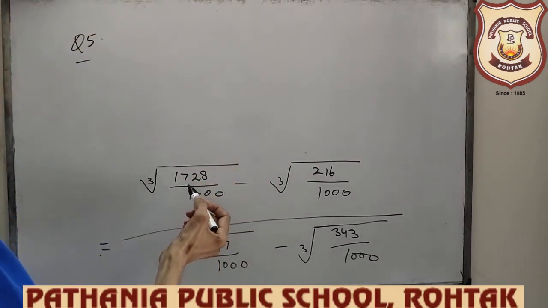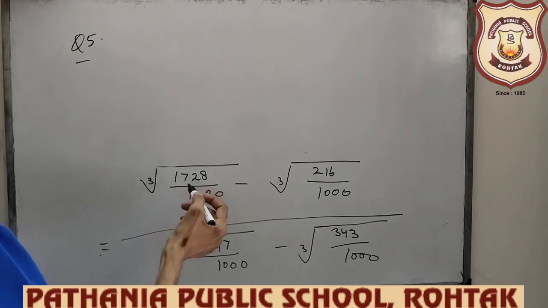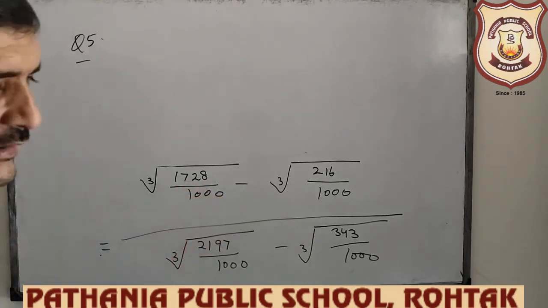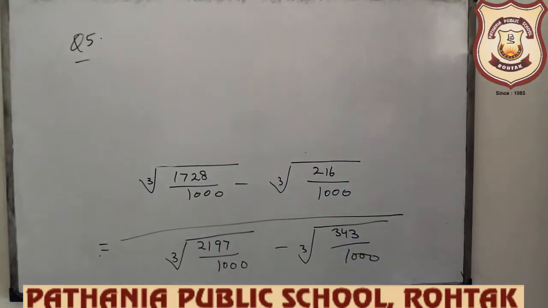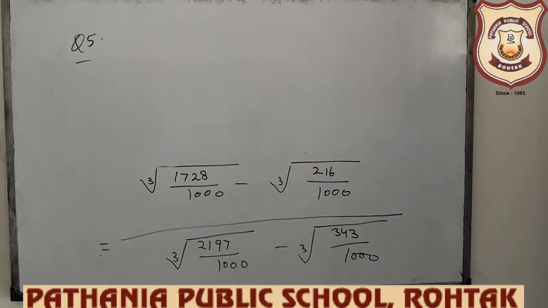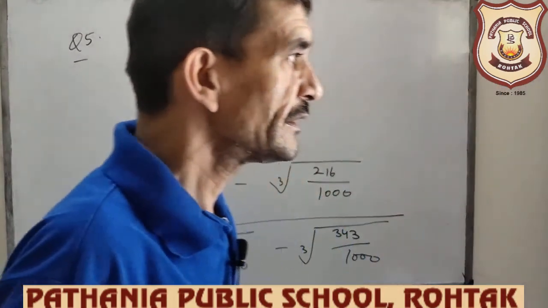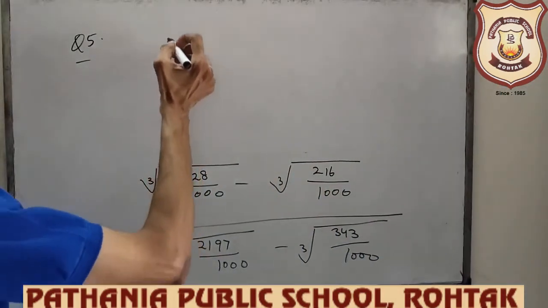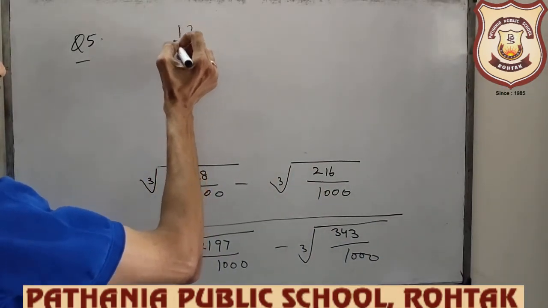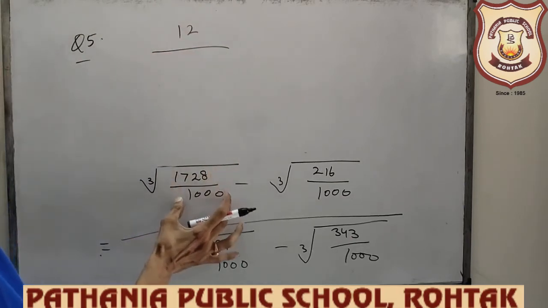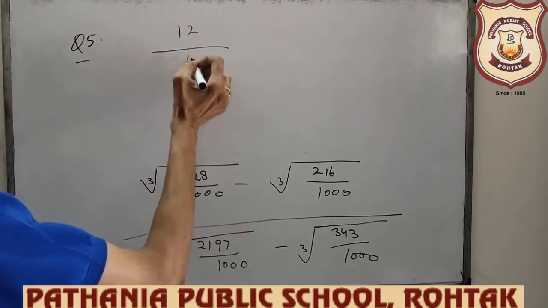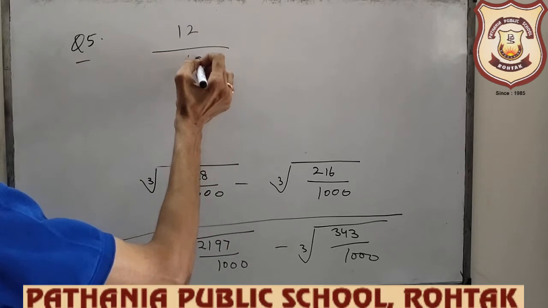The cube root of 1728 is 12. So keep this in mind, remember it, then it is better. The cube root of this is 12, and the cube root of 1000 is 10.